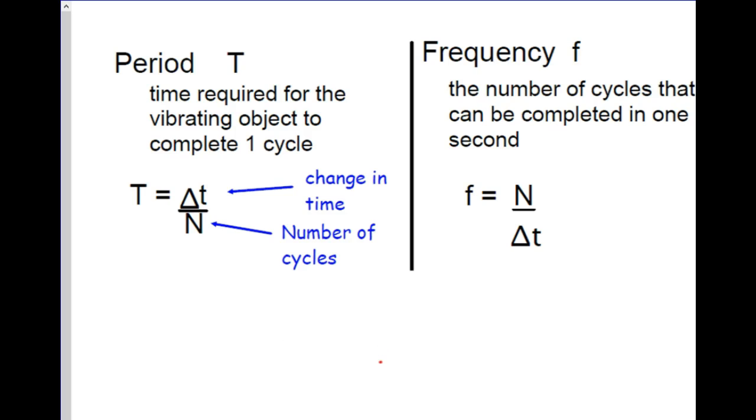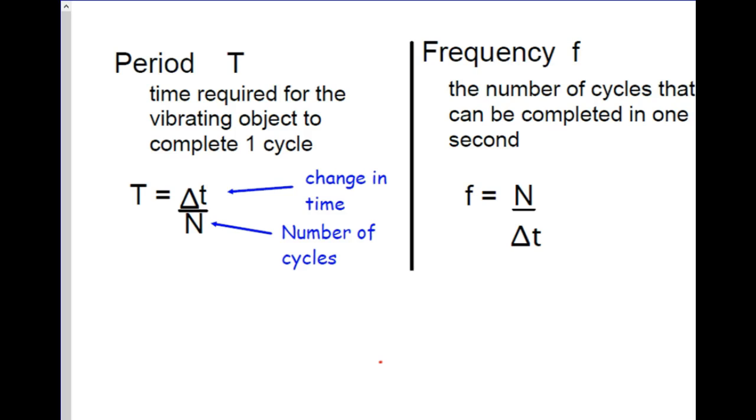So it says that your frequency, which is this one here, is 1.0 times 10 to the negative 3. It's asking you to calculate the frequency.